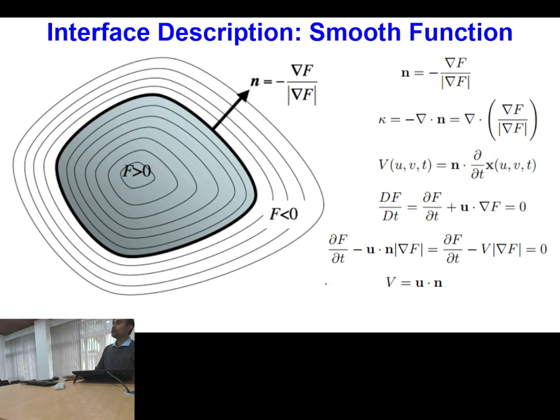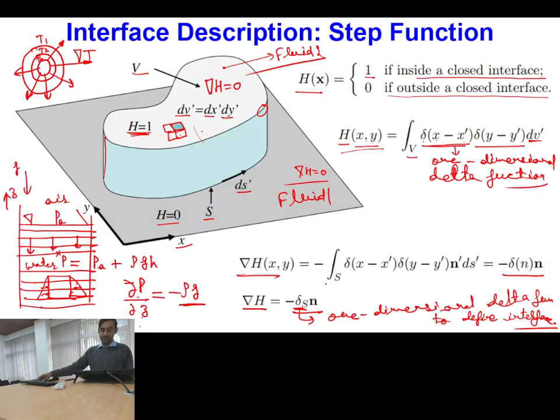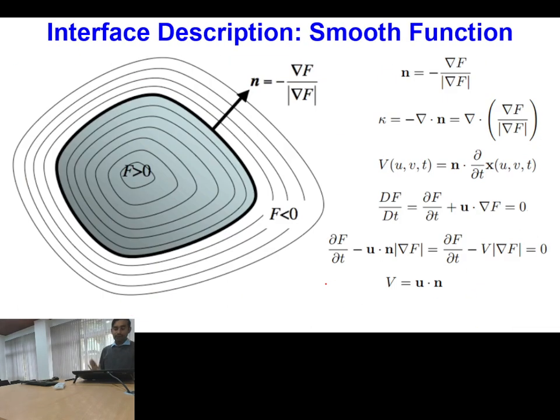Now the fourth approach. The third approach was to use a discontinuous function. In the fourth approach, we define the interface, but instead of using a discontinuous function, we use a smooth function.